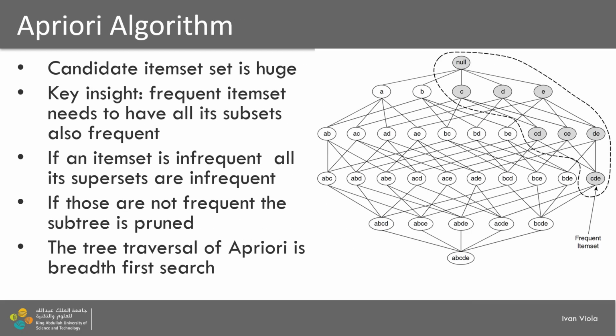And the key algorithm which allows us to look at this huge item set space is the so-called apriori algorithm. The apriori algorithm allows us to somehow systematically traverse the item set space.